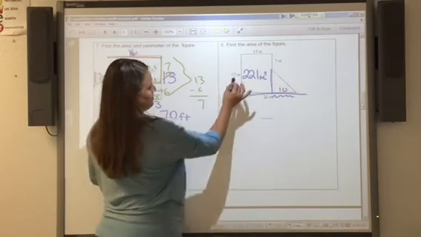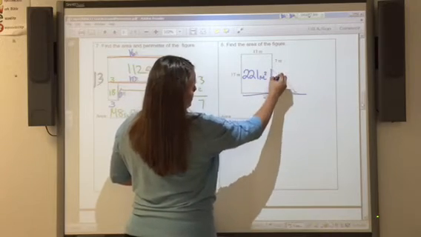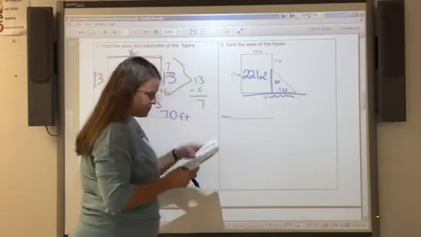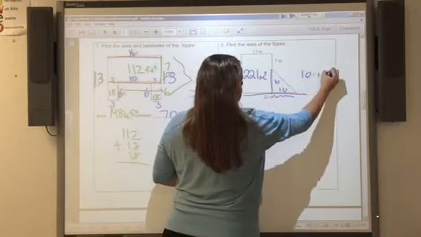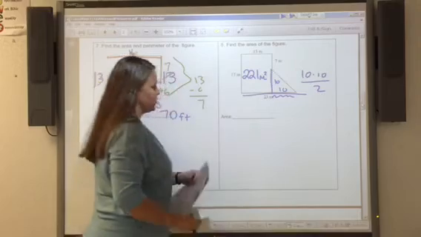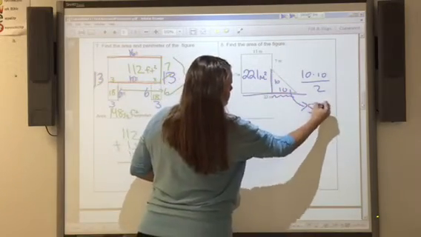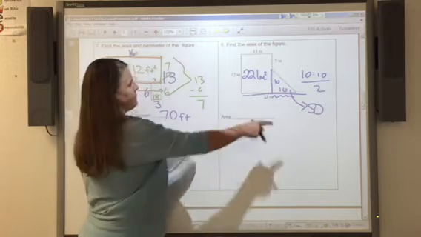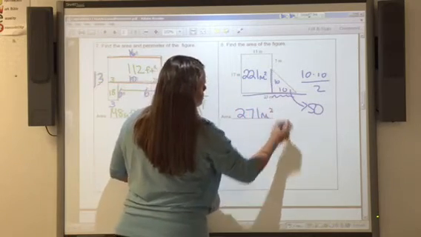The height is going to be 17 minus 7, and that'll give me this height here, which will also be 10. And so when I do base times height, that's going to be 10 times 10 divided by 2. So the area for that section is going to be 50. And so when I add 50 and 221, I get 271 meters square.